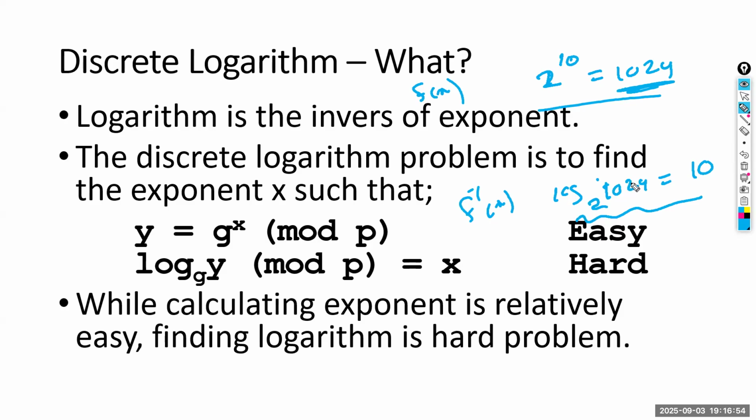What is log 1024 to the base 2? Then you must find which power of 2 is 1024. Yes, it's 2 to the power 10. So log 1024 is 10. I'm not saying it is impossible, but finding the logarithm is more challenging than finding the exponent.